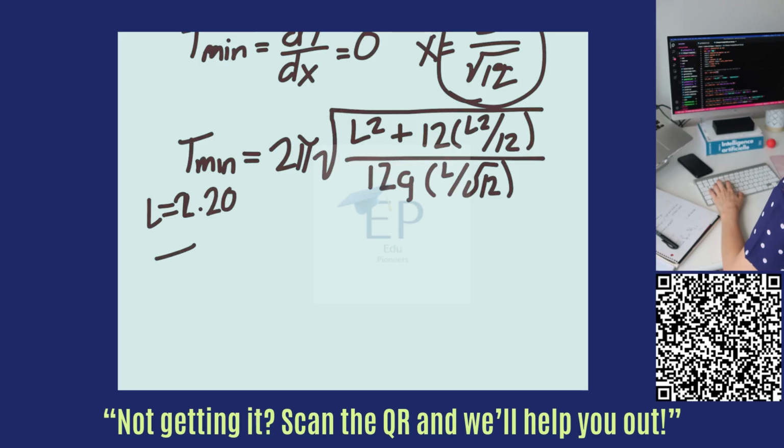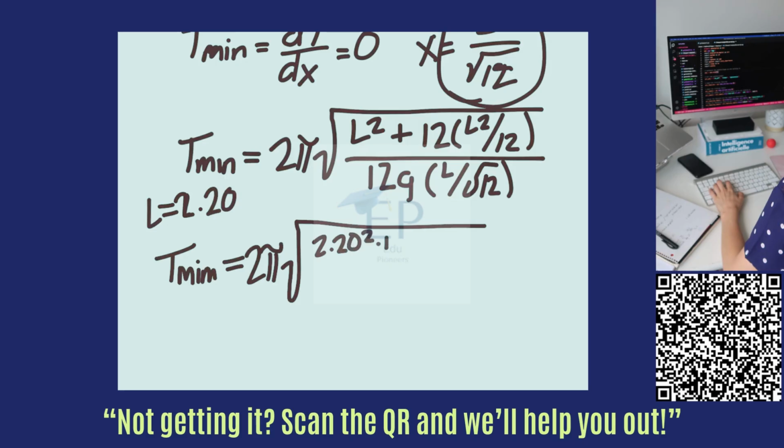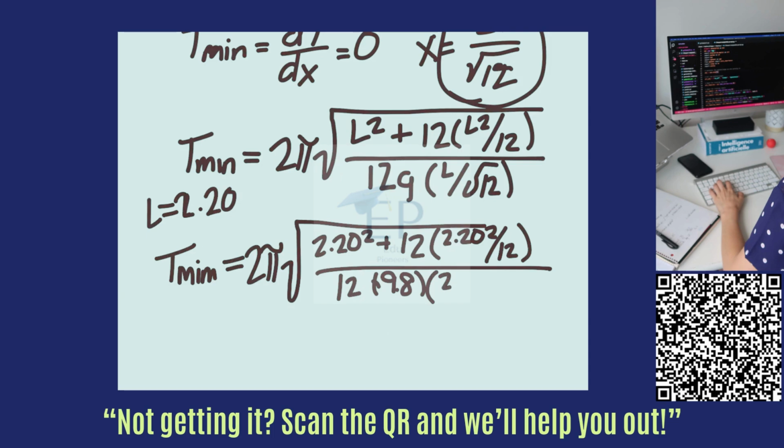So our final, once we have everything plugged in, we have our T minimum equals 2 pi times the square root of (2.20 squared plus 12 times 2.20 squared divided by 12), all divided by 12 times 9.8 times 2.20 divided by the square root of 12.